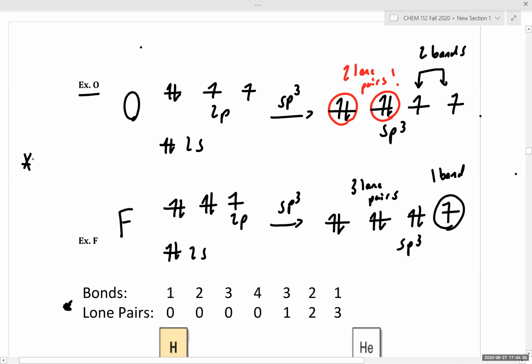Now I just want to put an asterisk here and say that oxygen and fluorine do not necessarily need to hybridize.